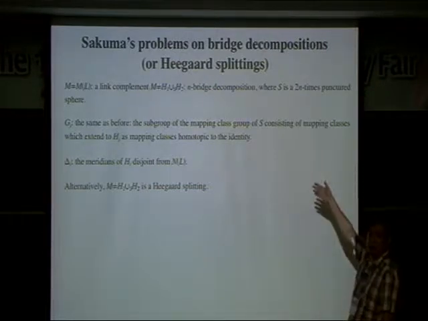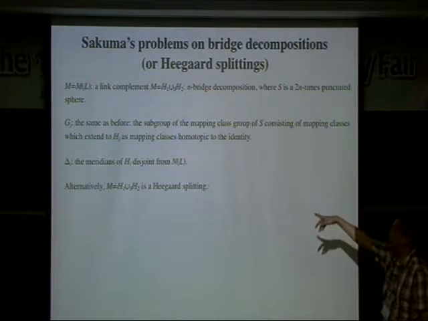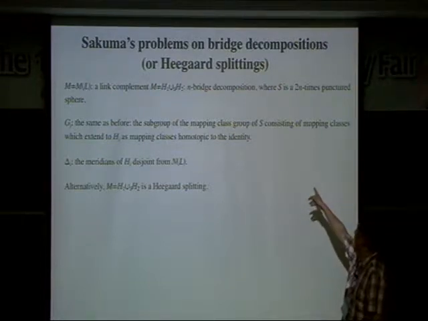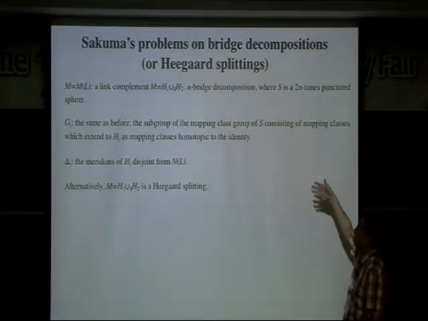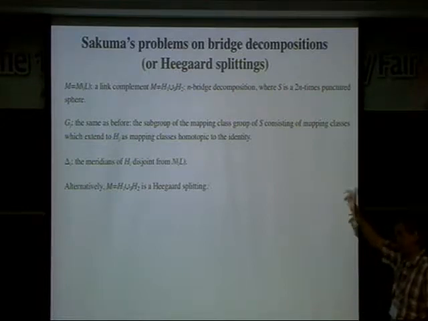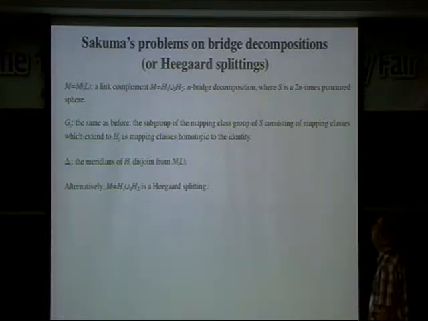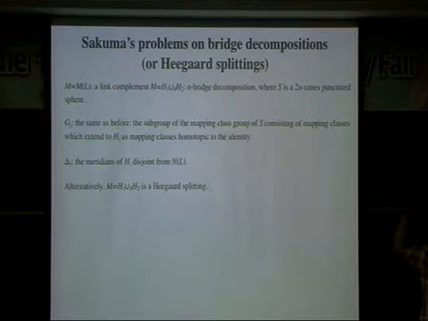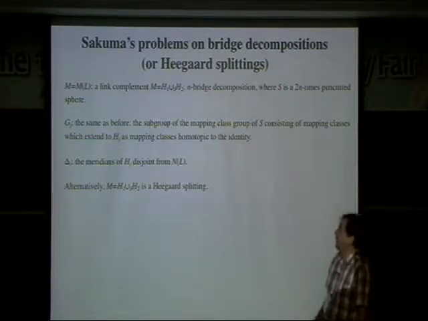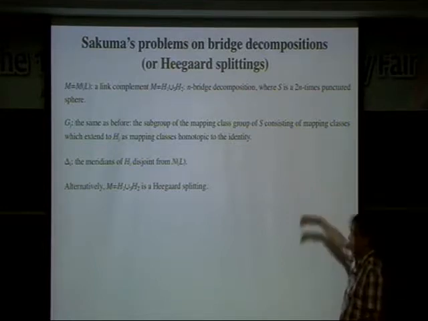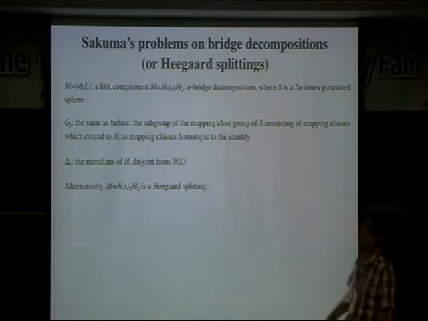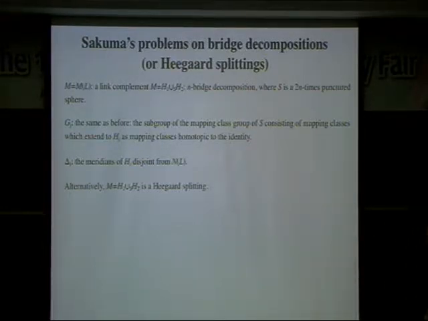And as in the two-bridge link case, like in a Heegaard splitting case, you consider the subgroup of the mapping class group of the splitting surface which consists of the homeomorphisms of H1 or H2 which are homotopic to the identity.